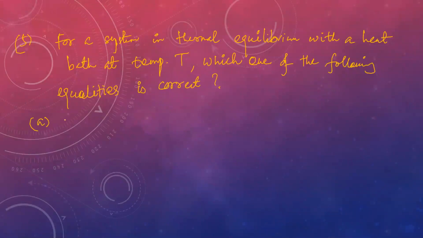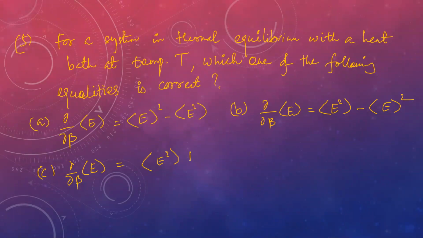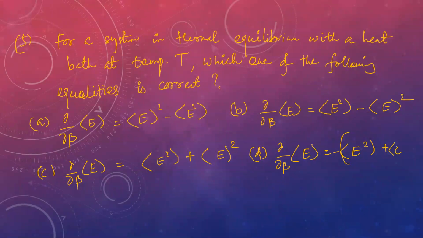Okay, del by del beta of E is equal to E square minus E square. And this question came in JS 2015.